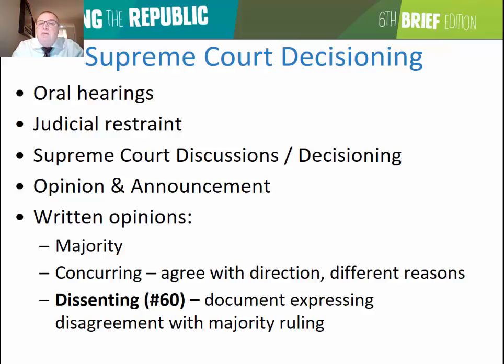You might agree with the Supreme Court decision in direction, but not maybe all the reasons. You want to add something to it. That's called a concurring decision. You might agree for a different reason. And then dissenting, which is number 60, it says, what is the significance in common law and court law of dissenting opinions? And the reality is that what is law today might be different tomorrow.